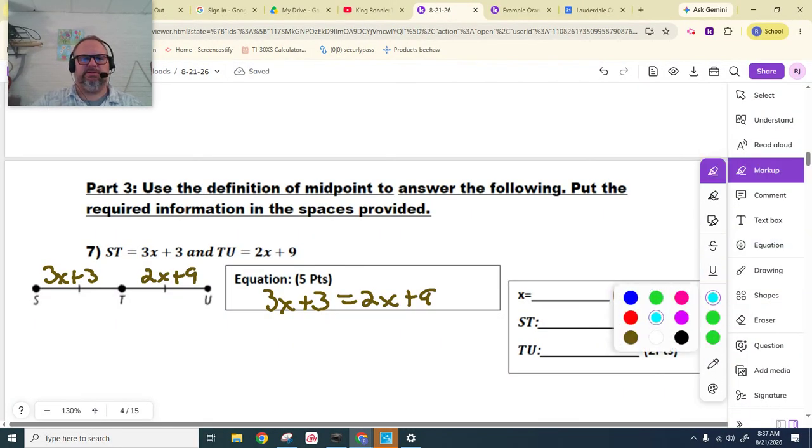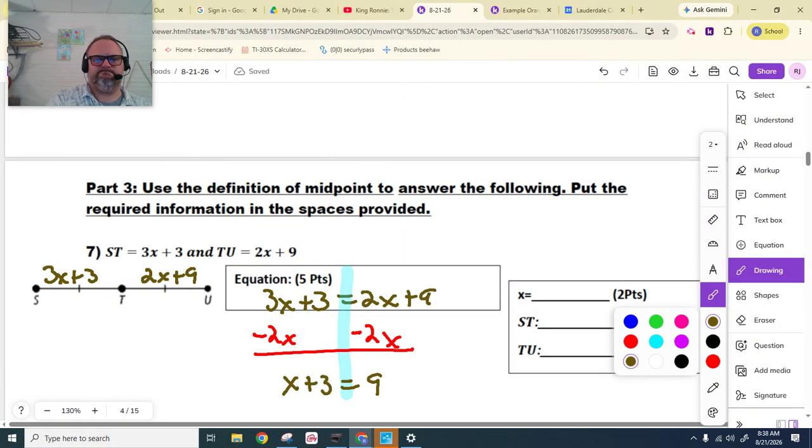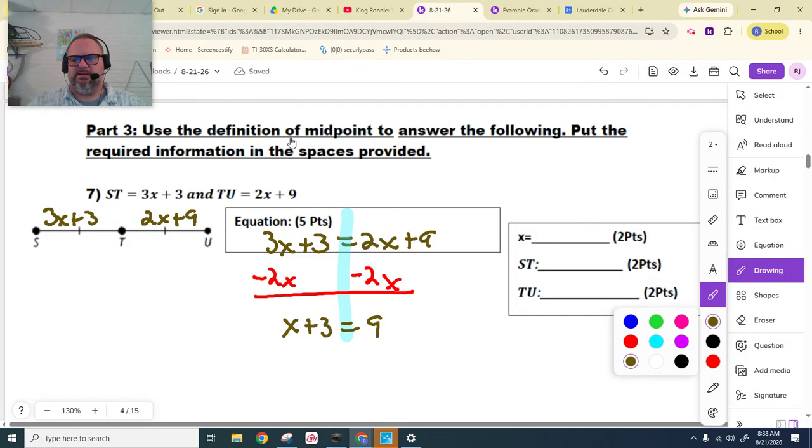Also, what is something that you could probably put on your orange sheet that I hadn't done yet? Those 4 steps to solve. Okay. All right, so x would be 6.